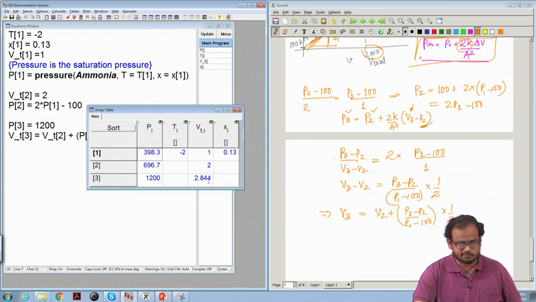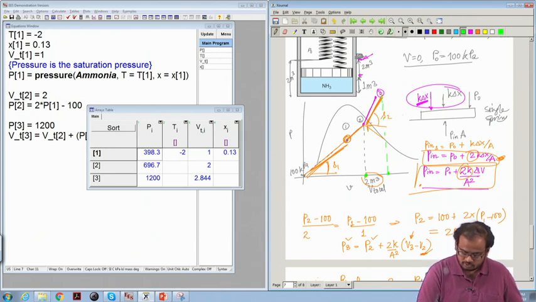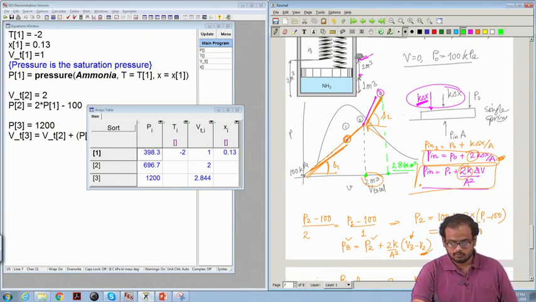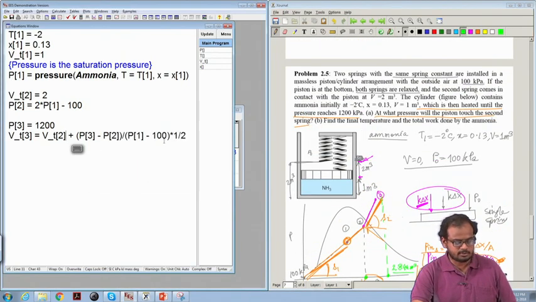It is 2.844 meter cube. So this was 2 meter cube, this was 2 meter cube, and this final volume is 2.844 meter cube. There is not a specific volume, but we can divide by the mass. Okay. So what is asked? Let us see what is asked. We have been asked the temperature. Okay, the temperature we can find out.